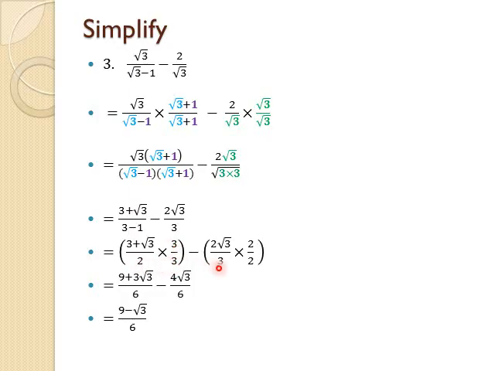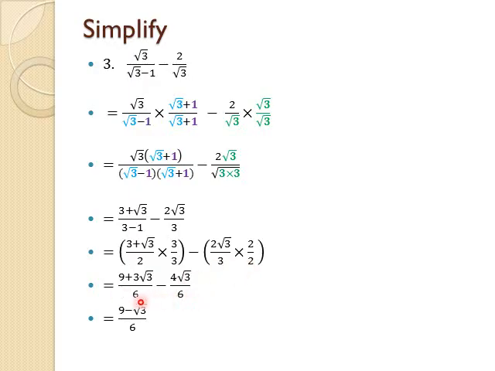The 2 from this side, I take to that side and I say times 2 over 2. So 3 times 3 gives me 9. 3 times square root 3 gives me 3 square root 3. And 3 times 2 would give me 6. Minus 2 times 2, which becomes 4 square root 3. And 3 times 2 then gives me 6.